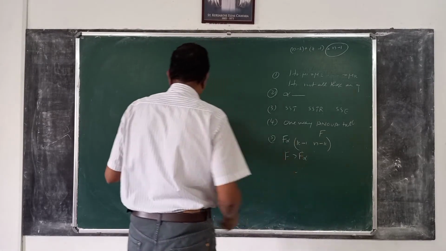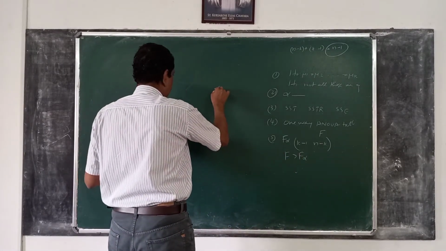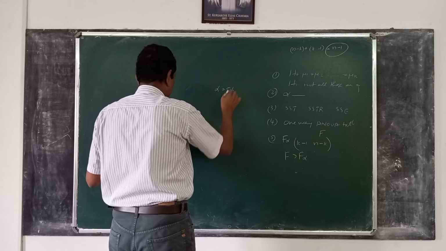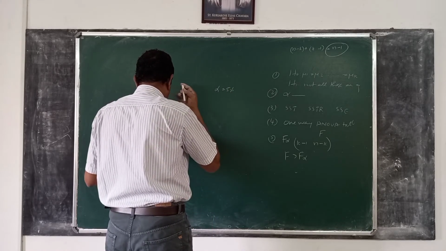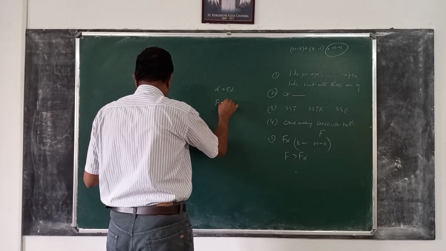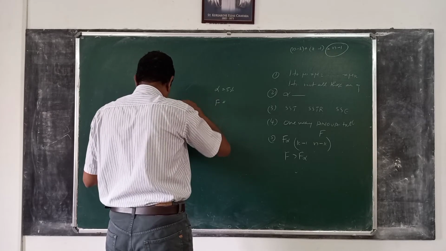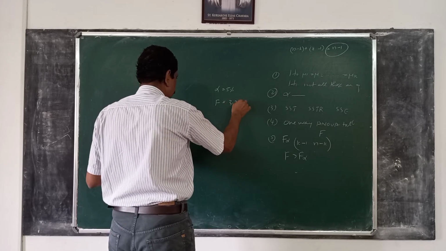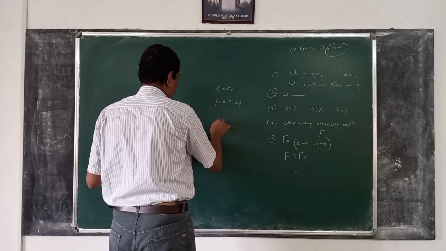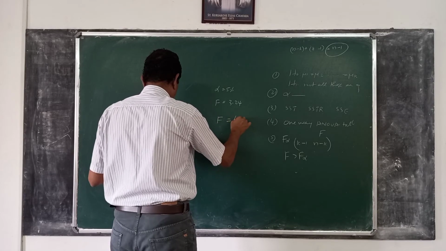In the example we have considered, for alpha equal to 5%, the critical F is 3.24, and the F we have obtained is 6.32.